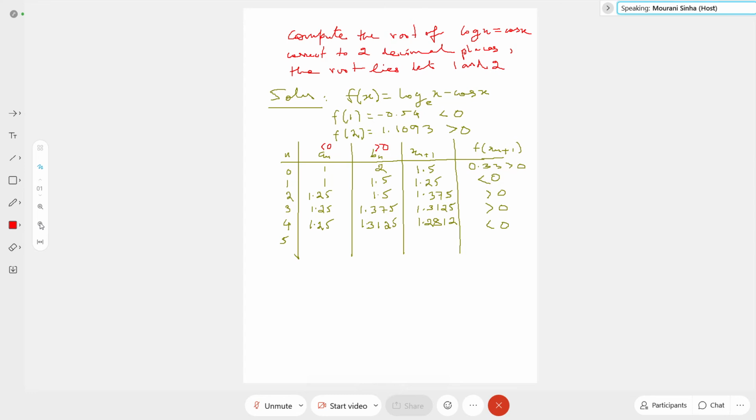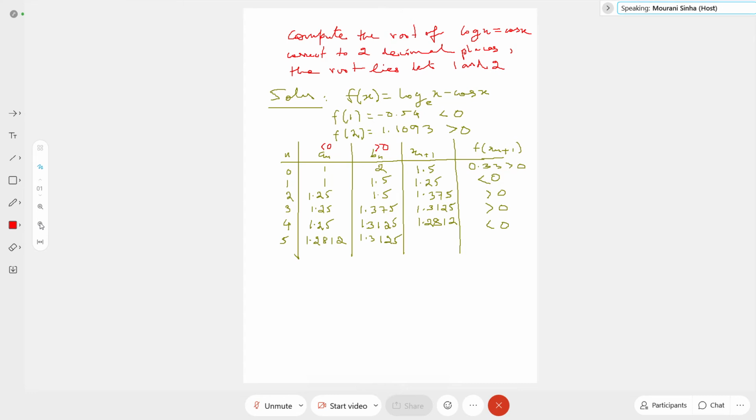Okay, so negative means the new value will go to the negative column, 1.2812 and 1.3125. So I cannot stop because I haven't got two consecutive steps with the same value yet.